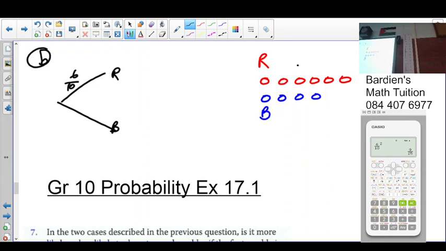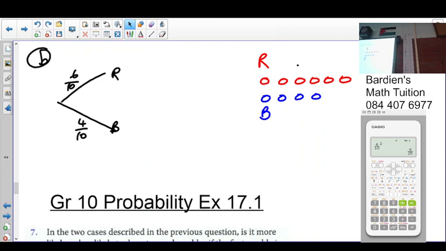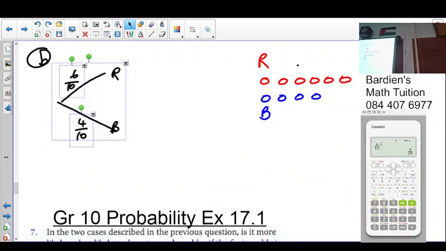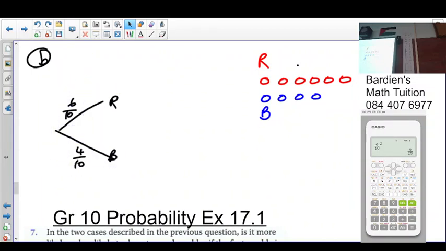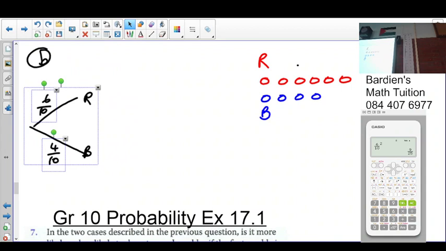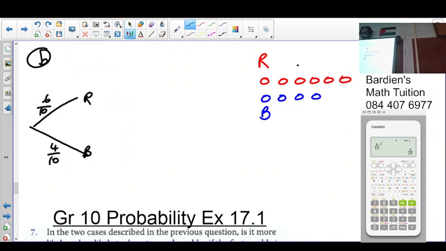Blue? 4. Okay. You all okay with it? Now, say for argument's sake, the first draw, I drew a red marble. So what happens now is I got a red marble, it's not replaced.